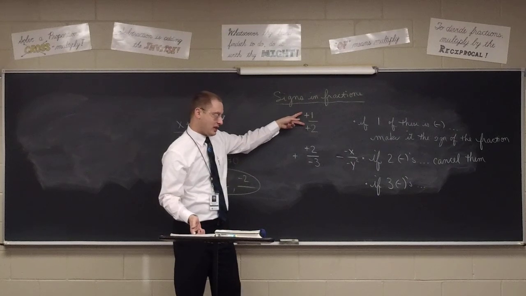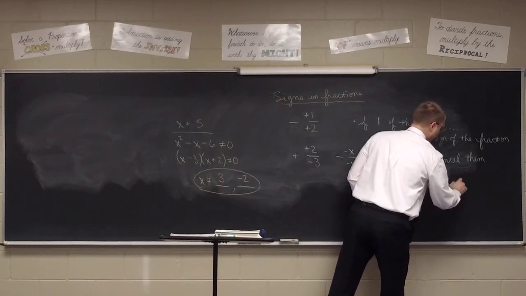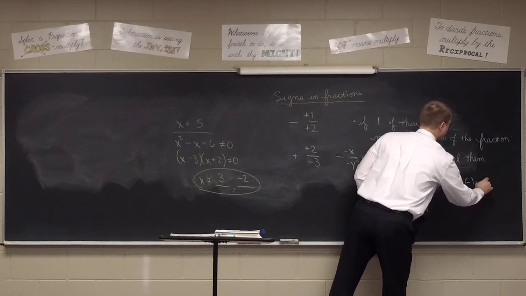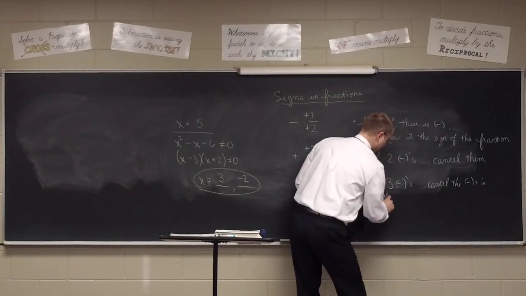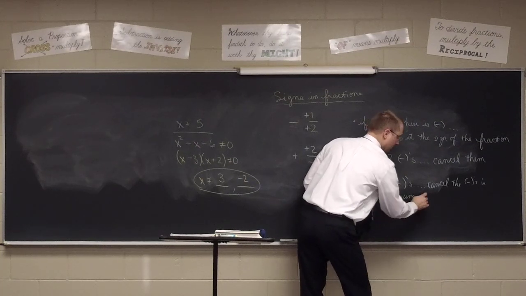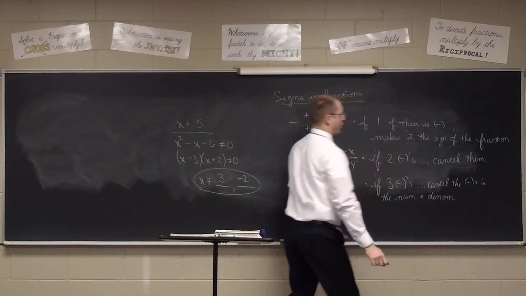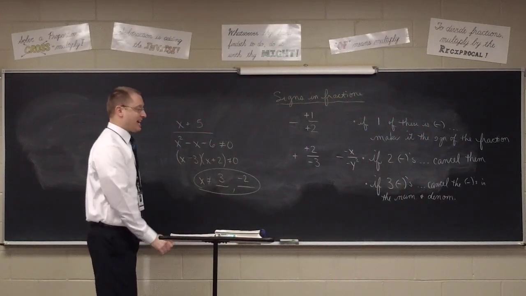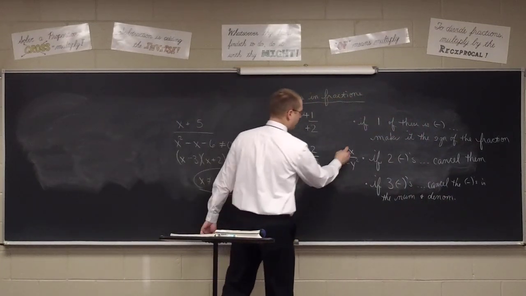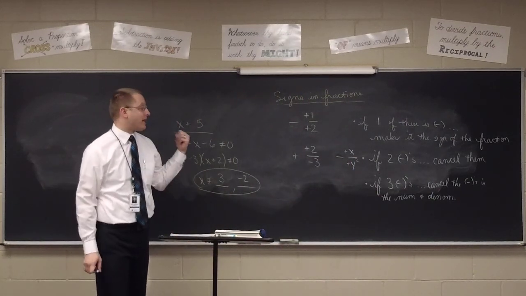The numerator and denominator. So if there are three negatives, cancel the negatives in the numerator and denominator. I'm going to abbreviate numerator NUM and denominator DENOM. If there are three negatives, just cancel the negatives that are in the numerator and denominator, because it's going to leave you with one negative, which you wanted out front anyway.